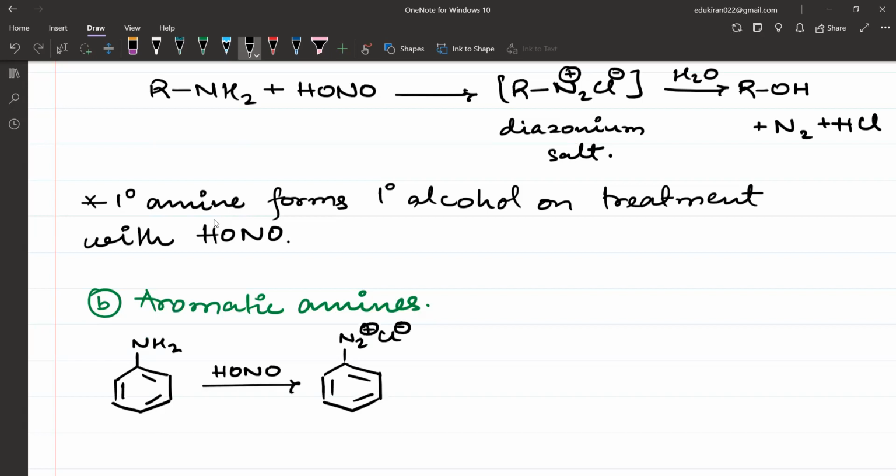This is benzene diazonium chloride. This is a diazonium salt. This is benzene diazonium chloride.